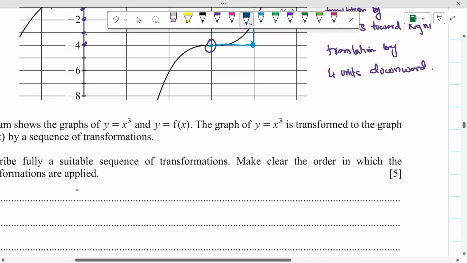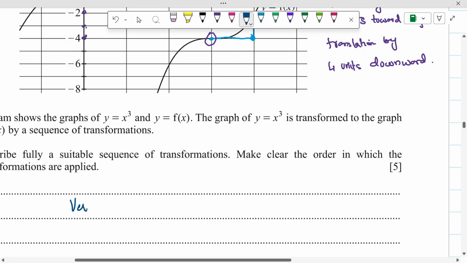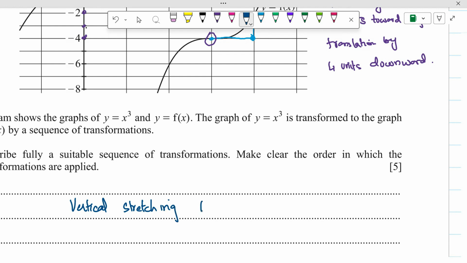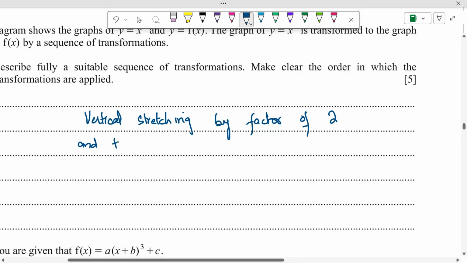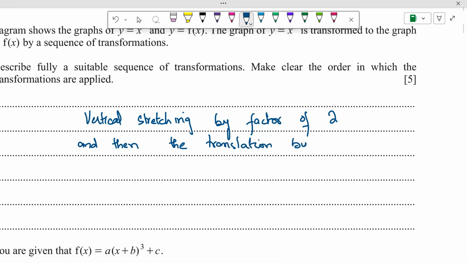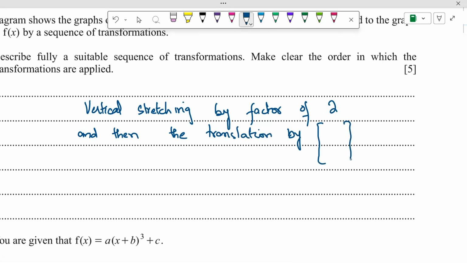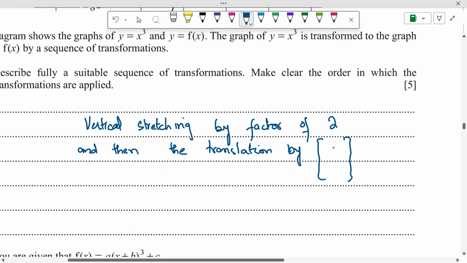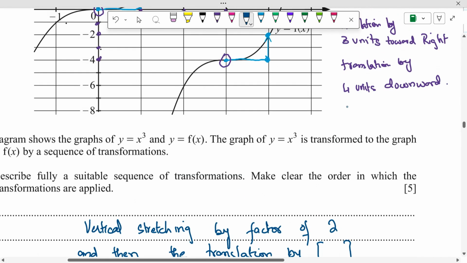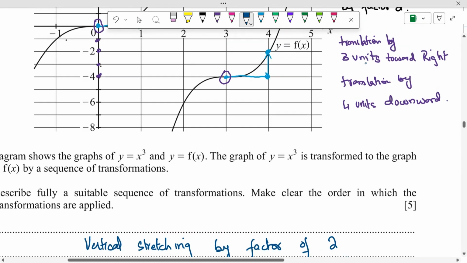So we will say vertical stretching by the factor of 2, and then the translation by, first we write the translation in the x-axis or the horizontal translation, and it is right, so no change in the sign.